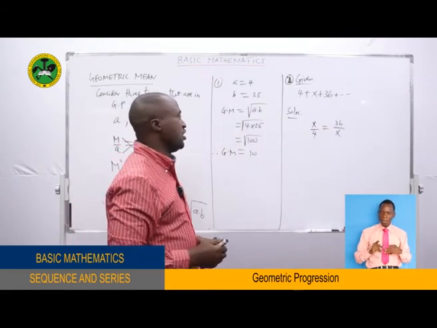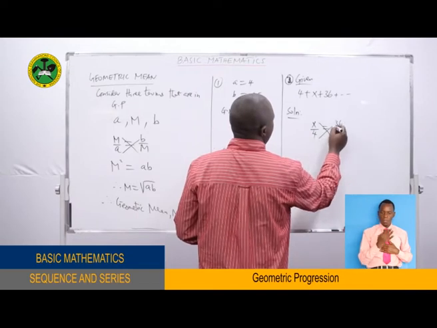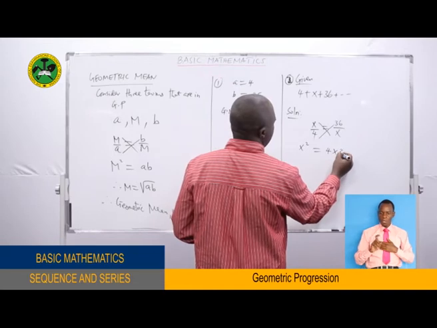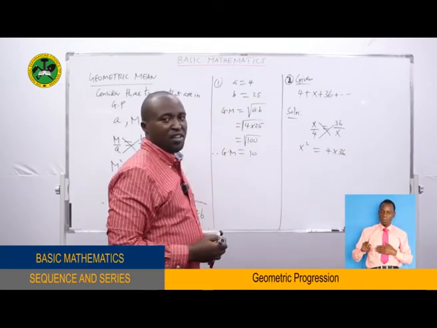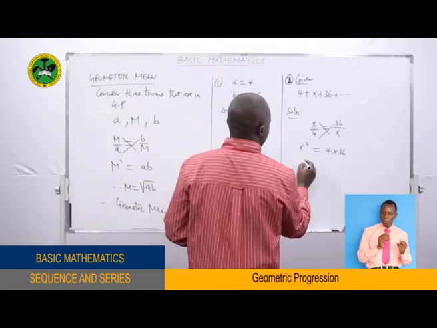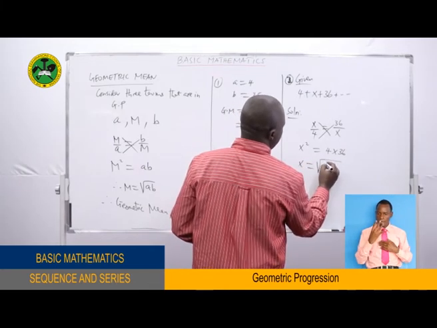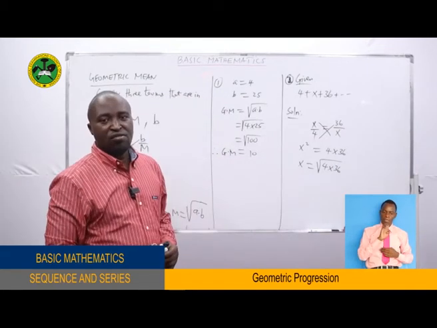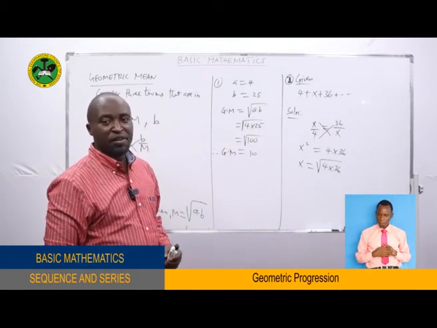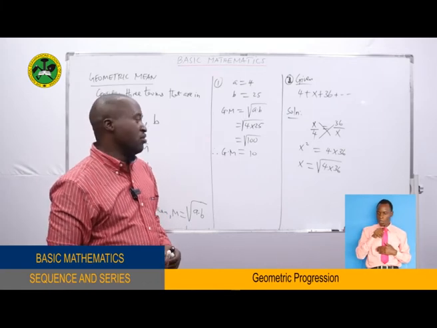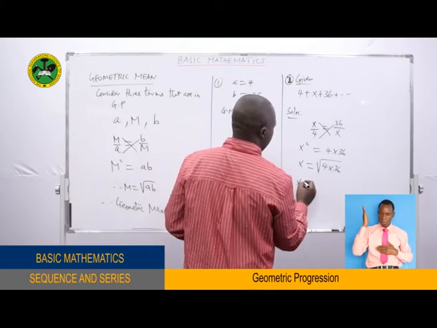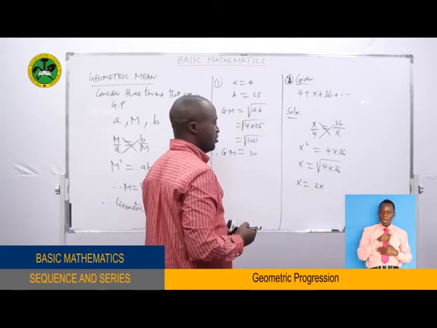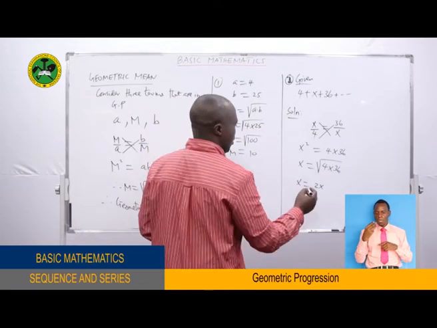So cross multiplication, we have x squared is equal to 4 times 36. Now to get x, x is equal to the square root of 4 times 36. We can find the square root of each number and then find their product. So x is equal to the square root of 4, this is 2, times the square root of 36, we have 6.